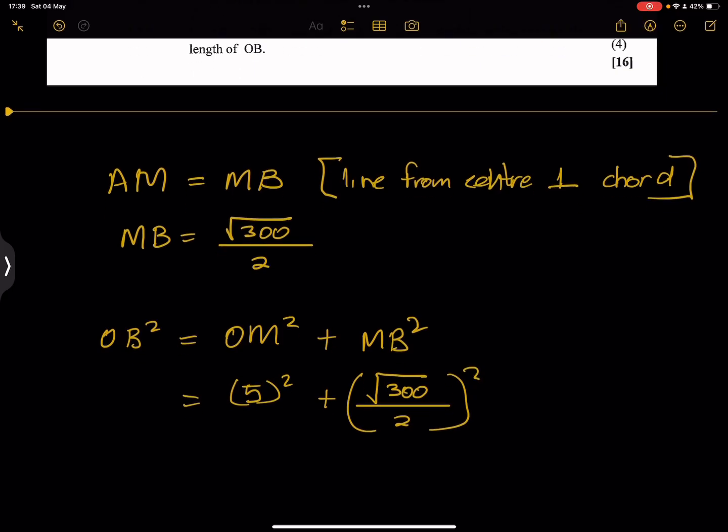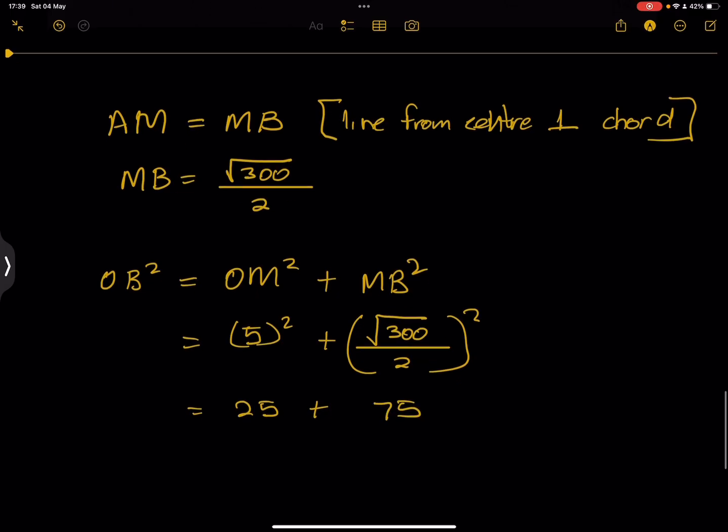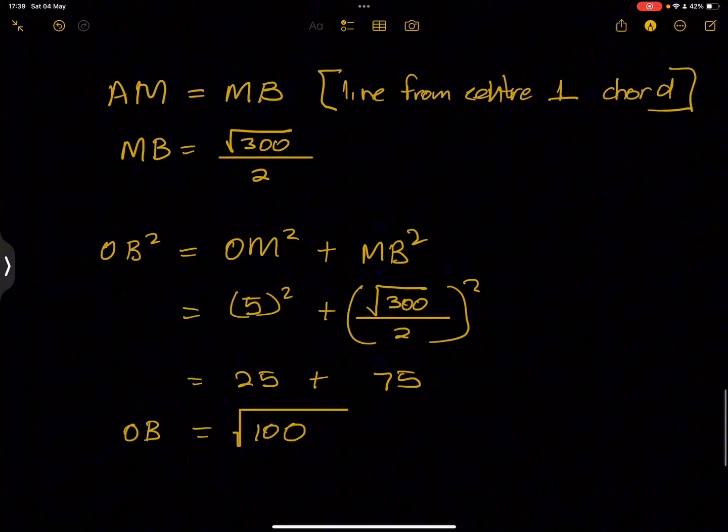Okay, and let's find that. So this is going to be 25 plus 300 over 4. Okay, so 300 over 4, that should give us 75, right? So this is going to be plus 75. And if I add those two, that would be 100. So the value of OB would be the square root of 100. And so that will be 10 units.